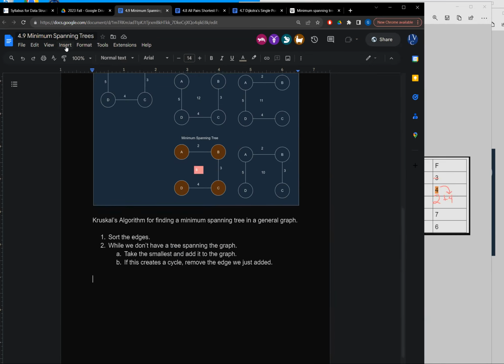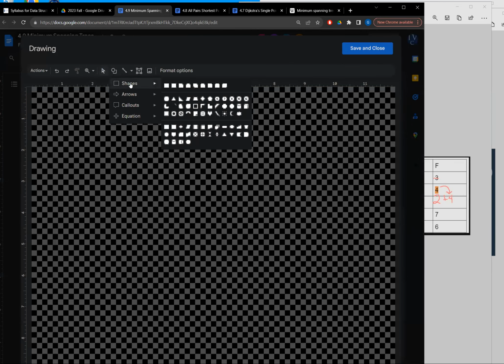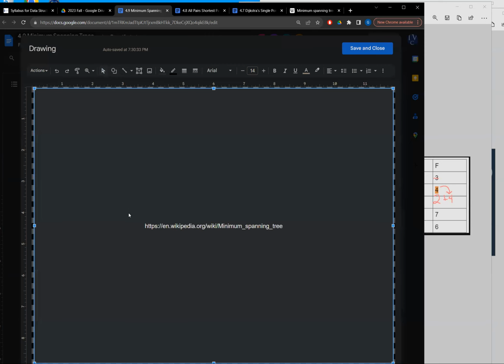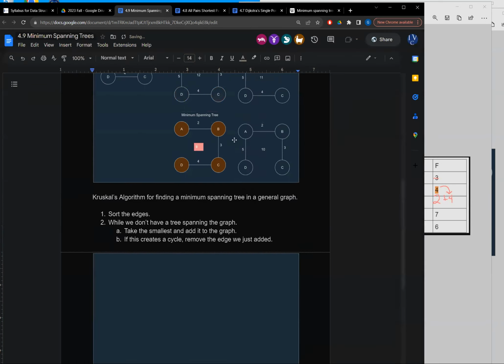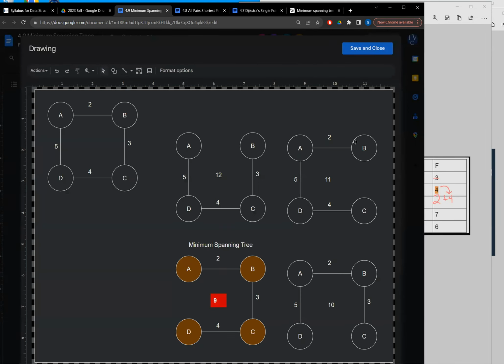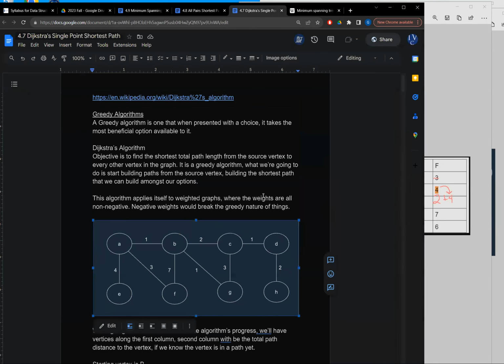Let's build a graph. Let's see how this goes. Again, remember that our graphing algorithms. Let's get a bigger graph.